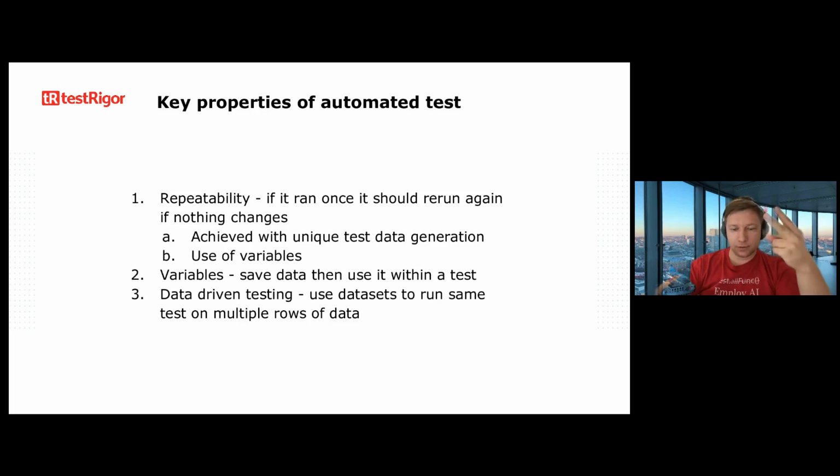And the second concept which you would need to learn is the use of variables, because you would need to store that email in order to be able to check that email later on to extract a verification code or click on the link in the email and so on and so forth. So those two concepts enable the key property of automation, repeatability of the test.